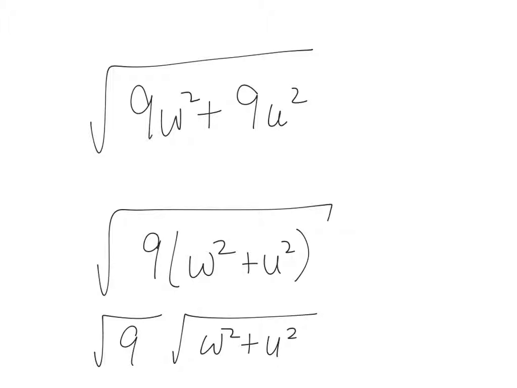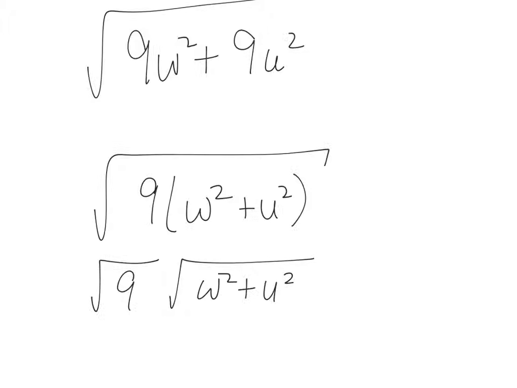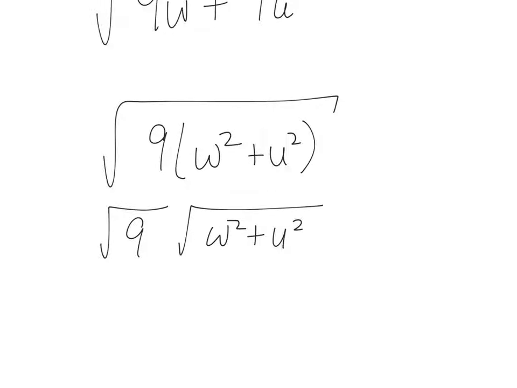We know from that rule from the second slide of our notes, we can do this. We can break it into the product of two radicals instead of the radical of a product. And the square root of 9 is simply 3. That's all you can do. You cannot go further because you still have a sum. The sum is w squared plus u squared.